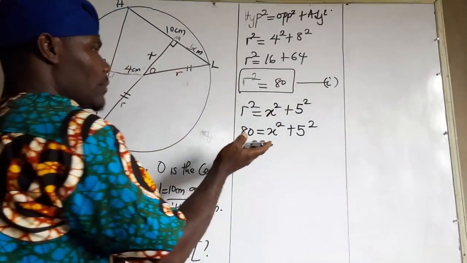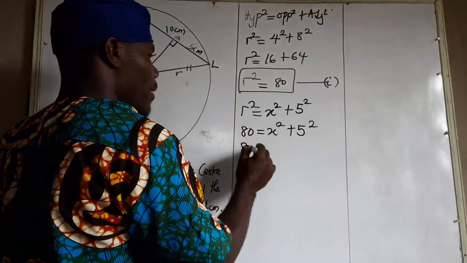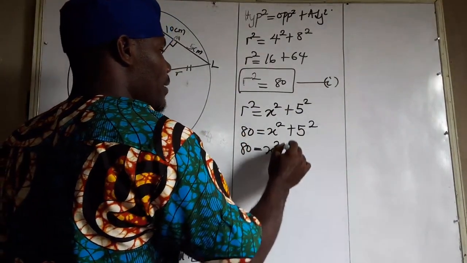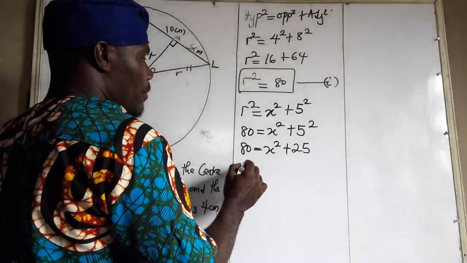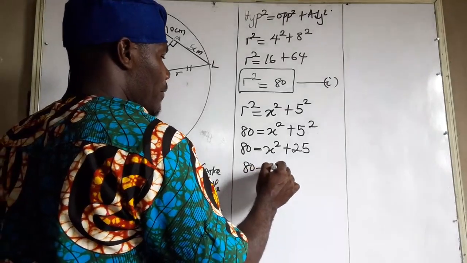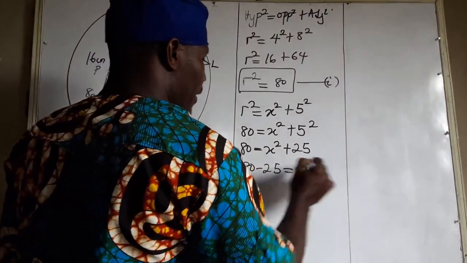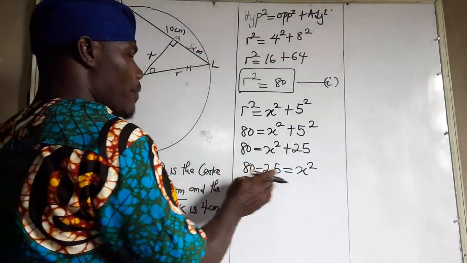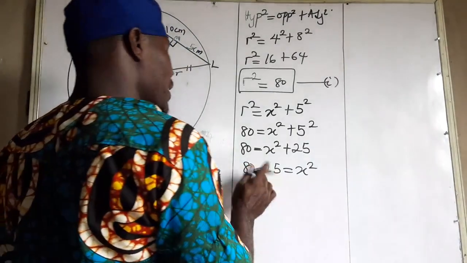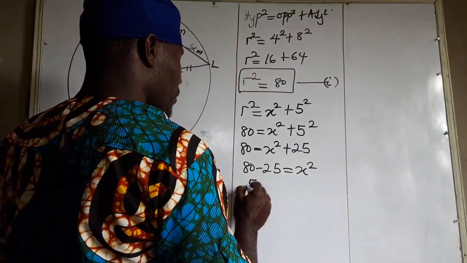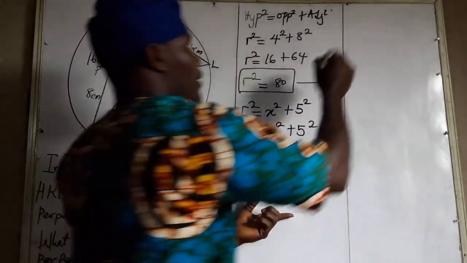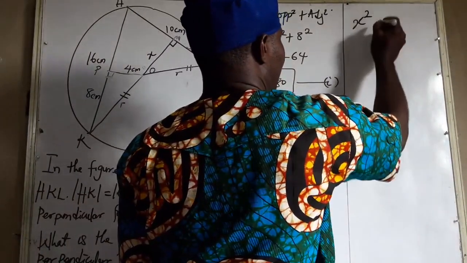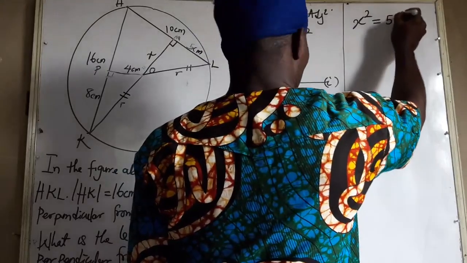So let's expand it. We have X squared plus 25. So 80 minus 25 is equal to X squared. By the time we subtract this, it will surely give us 55 is equal to X squared.